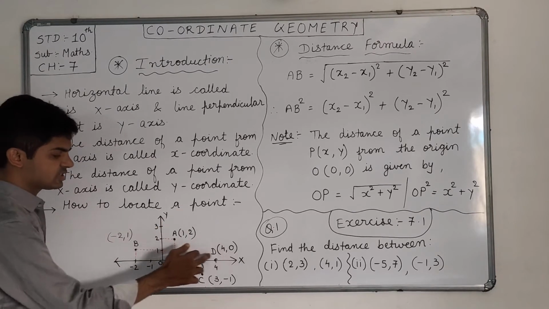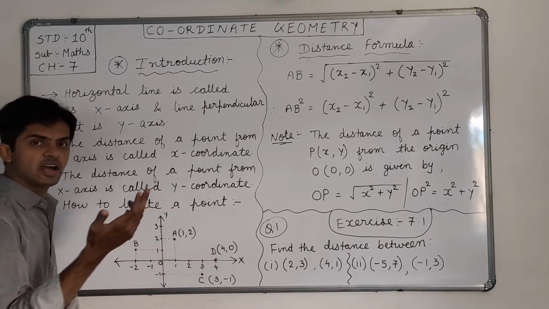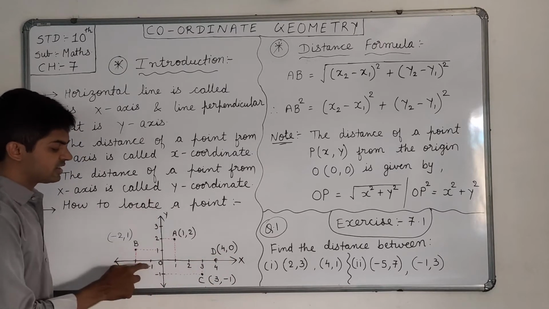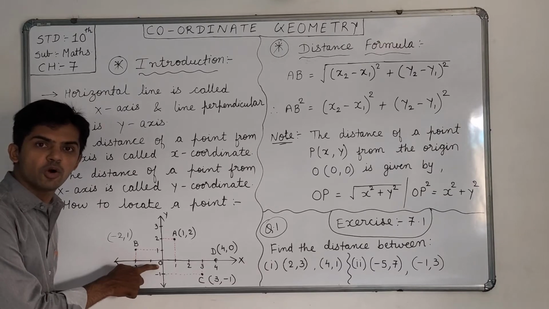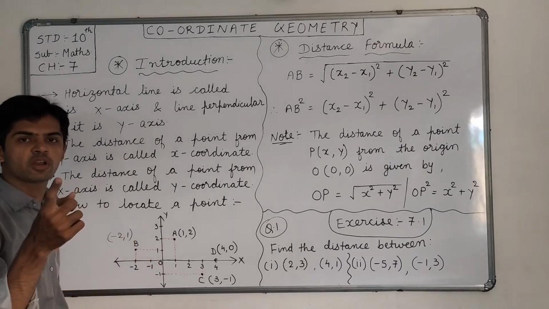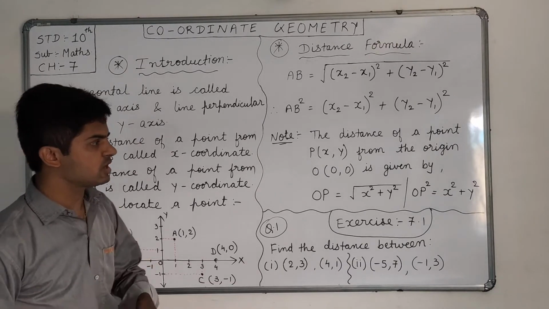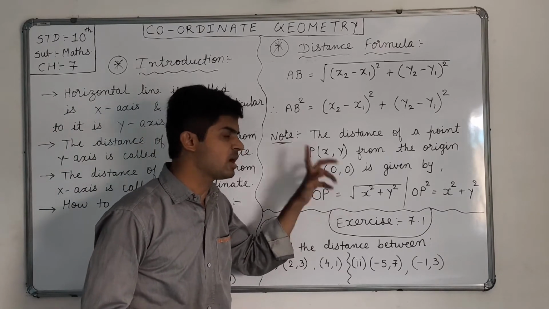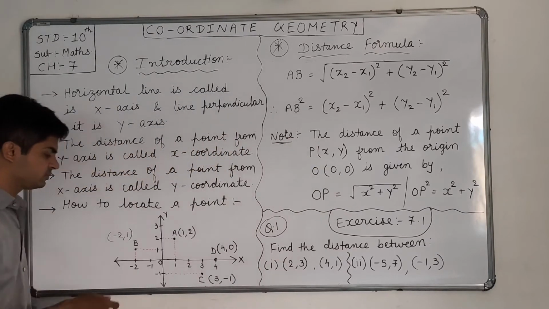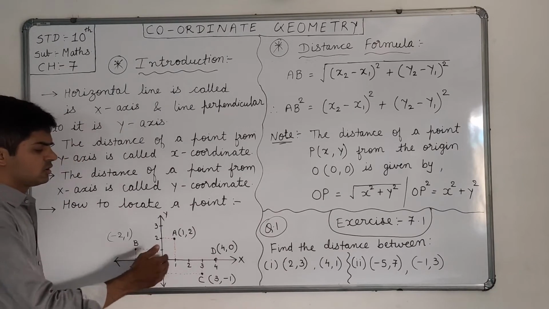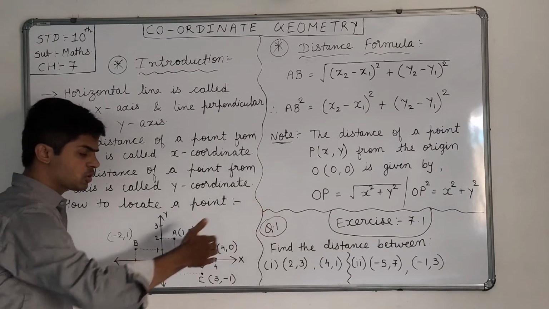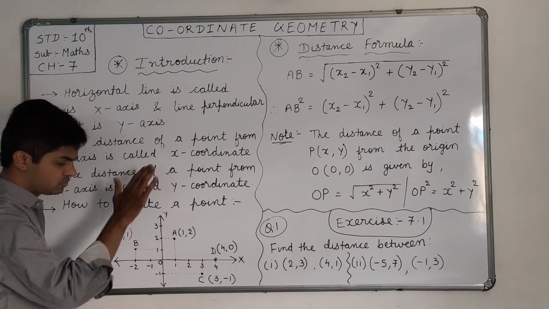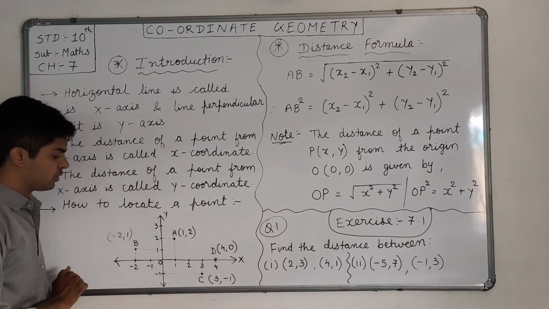This is the x-axis and this is your y-axis, and we know that wherever these two axes intersect, this point is called the origin, right? What are the coordinates of the origin? (0, 0). I have written here: coordinates of origin are (0, 0). Okay. So from 0, the right side is positive, the left side is negative, the up side is positive, and the down side is negative. Okay.